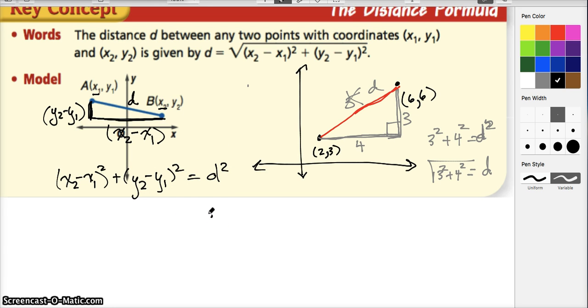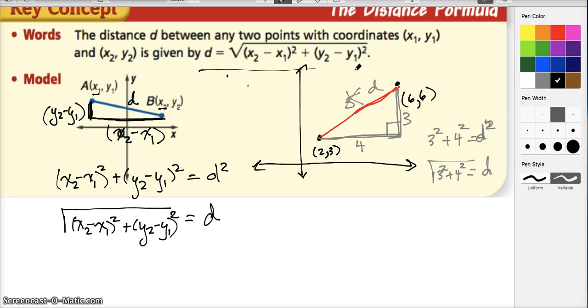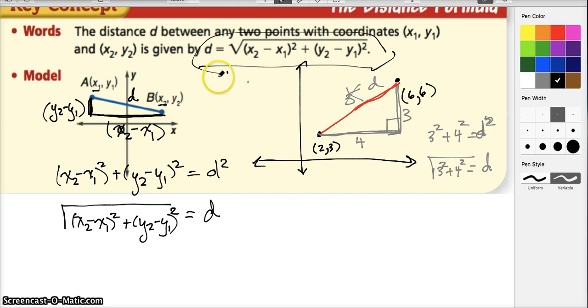We're going to take the square root of both sides. d is equal to the square root of everything on the left side. And so that's where the distance formula comes from. It comes directly from the Pythagorean theorem.